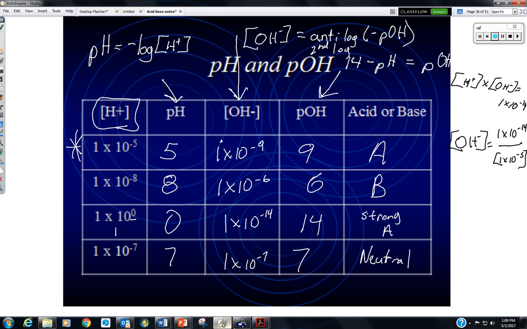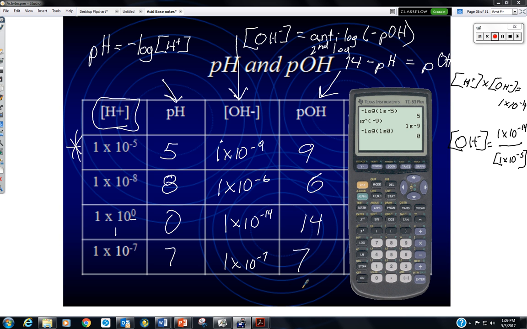All right, so let's see what we get here. 1 times 10 to the negative 14 divided by 1 times 10 to the negative 5. And what should our expected answer be?